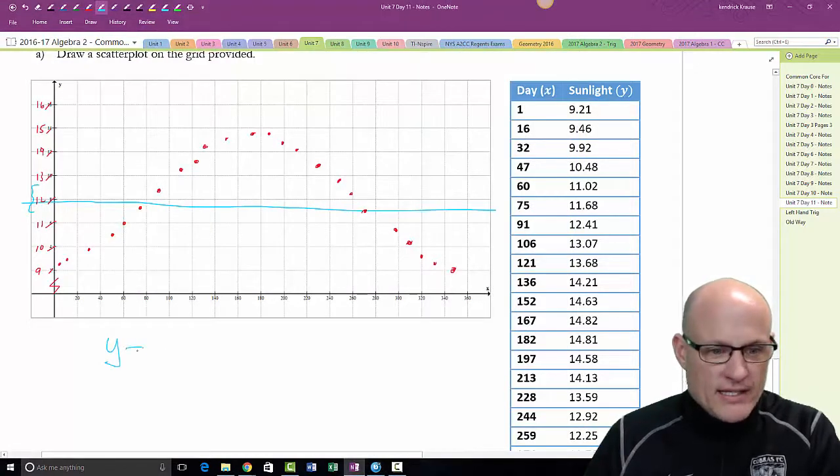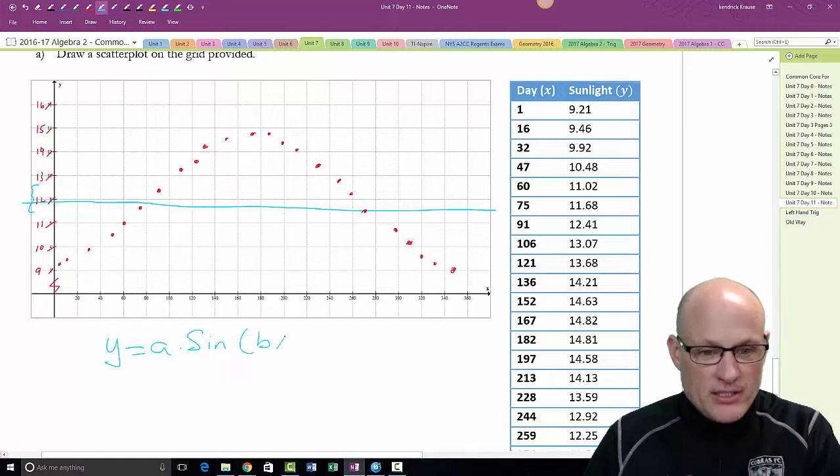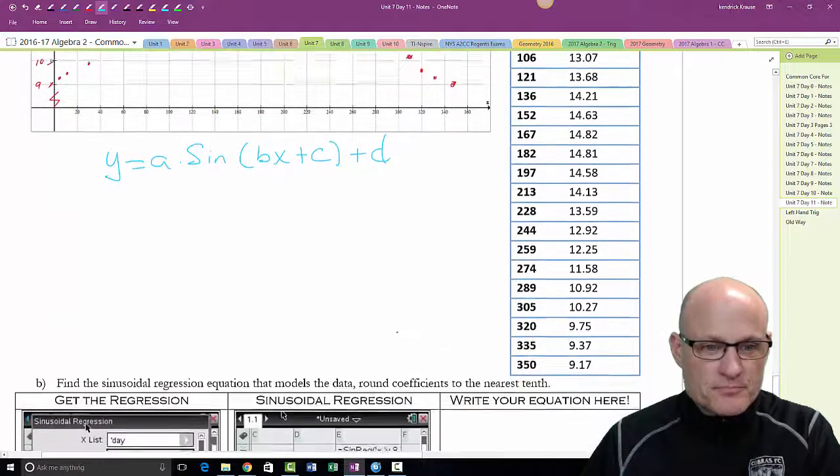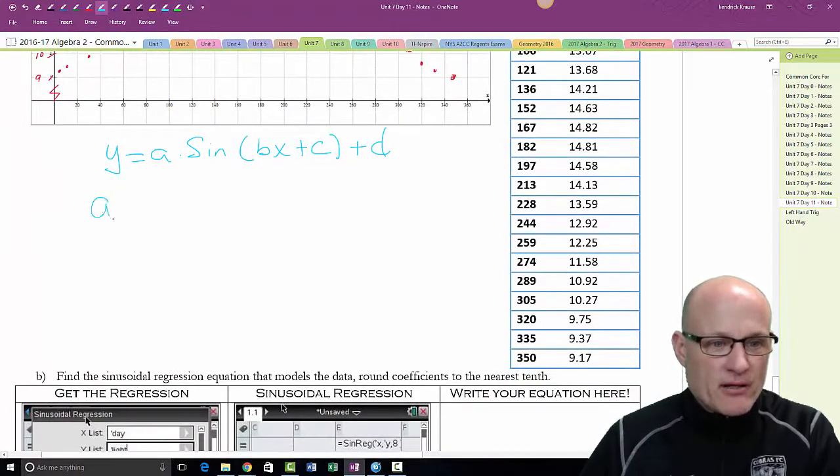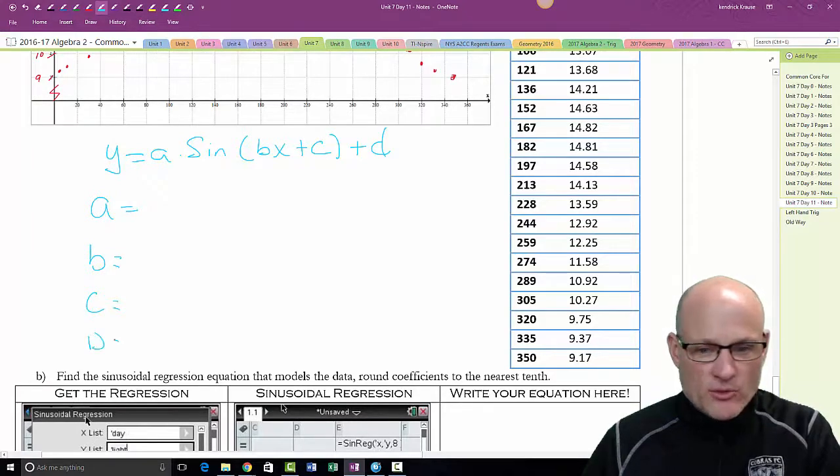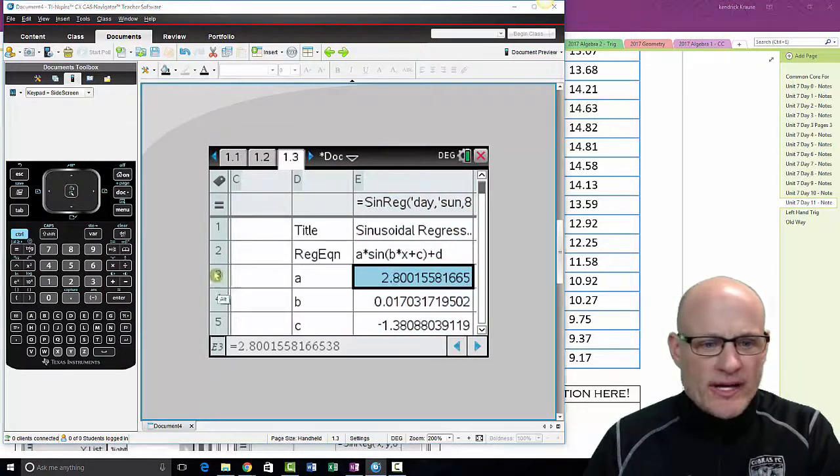So y equals a times sine of bx plus c, plus d. I think the answers are below, but it doesn't matter. A equals, B equals, C equals, D equals. What are we going to round it to? Nearest tenth. So 2.8.